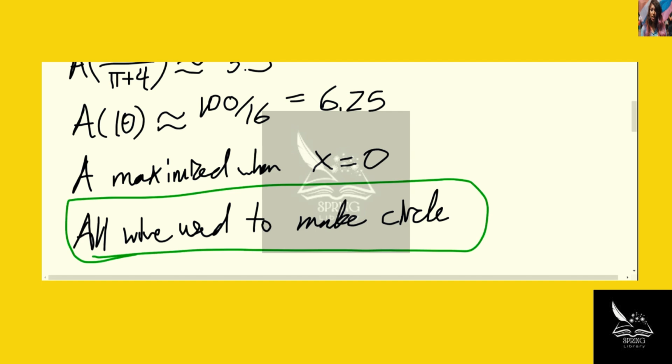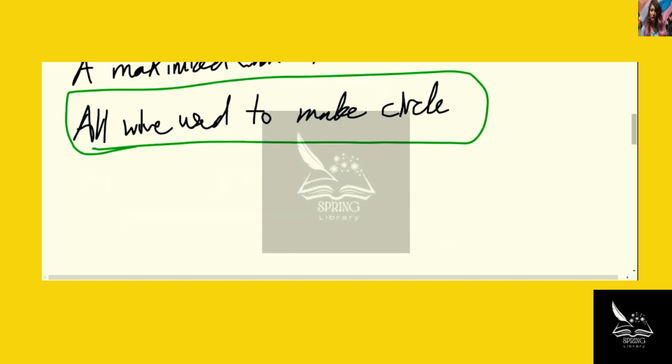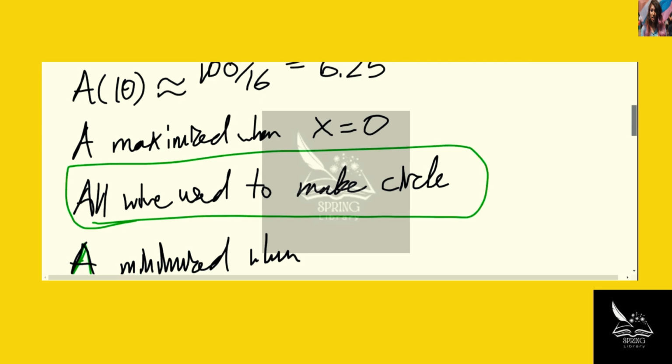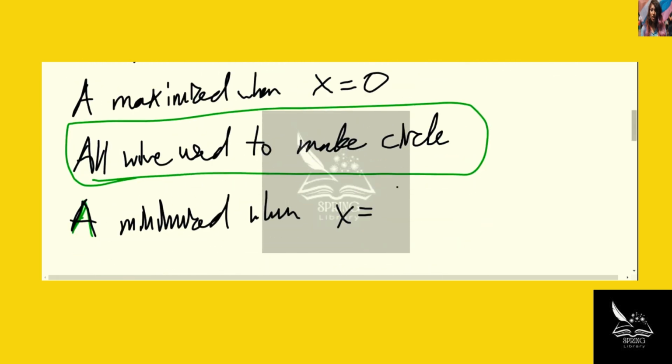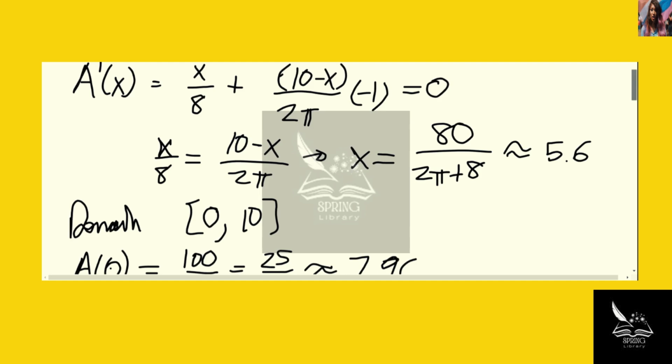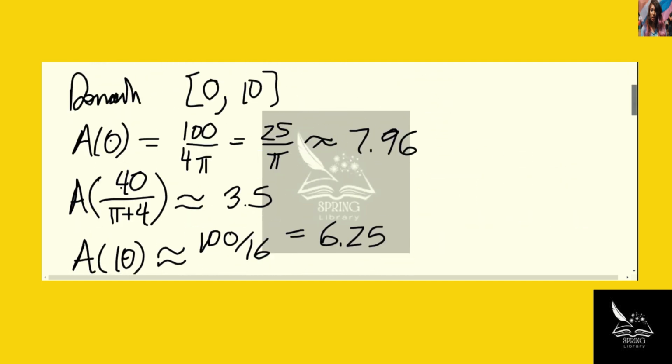And to find the minimum, we also see that the area is minimized when x is equal to 40 over (pi plus 4), which, as we already saw, is about 5.6.